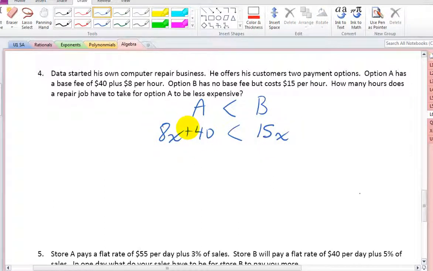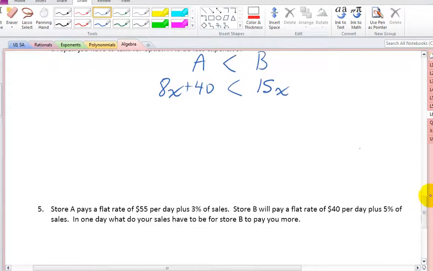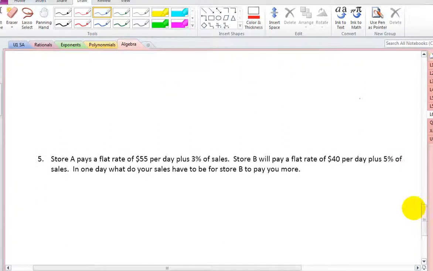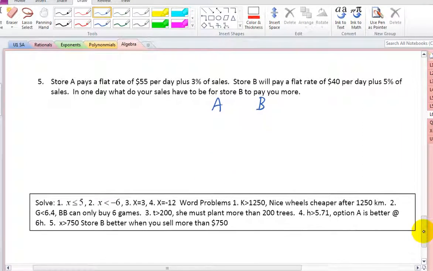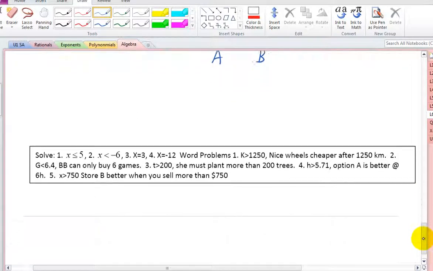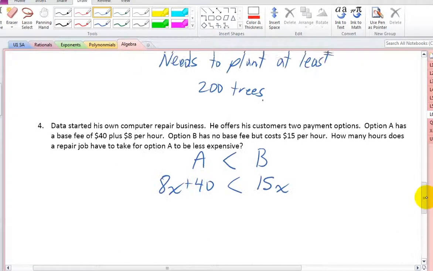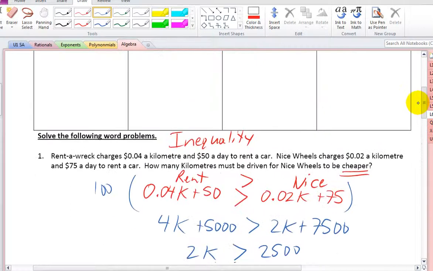Happy? Good. Okay. Try number 5. Okay. So read the question, store A, store B, choose your sign, and then make your equation. Oh, you're supposed to have done this. Whoops. Oh well.